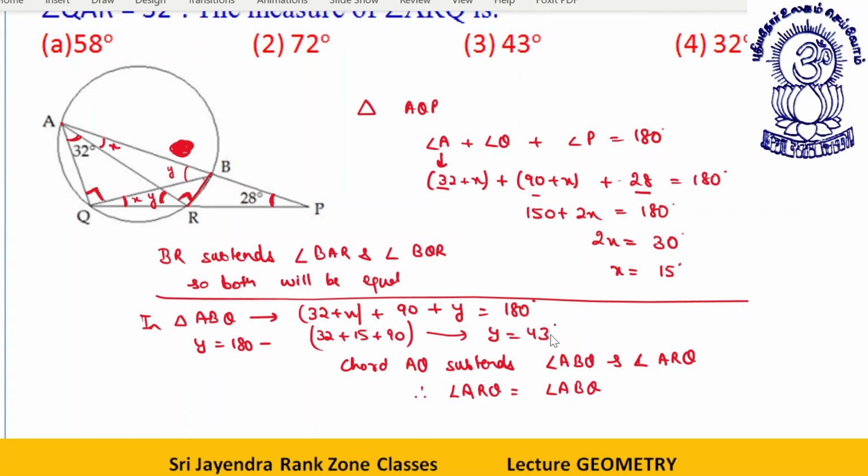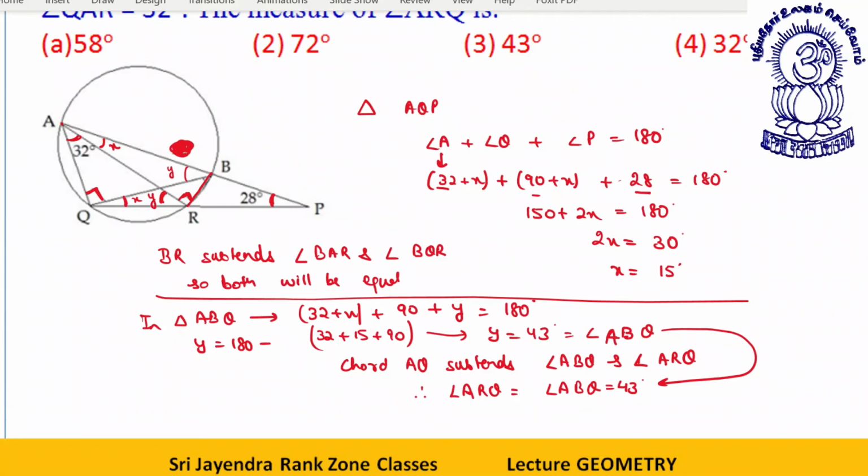So Y is equal to 43 degrees. Once you've got angle ABQ, angle ARQ will be equal to angle ABQ, that is 43 degrees, and I am sure this is clear to everyone.